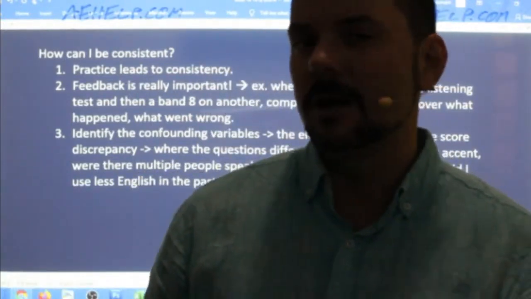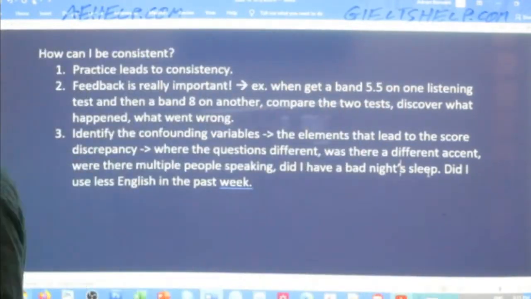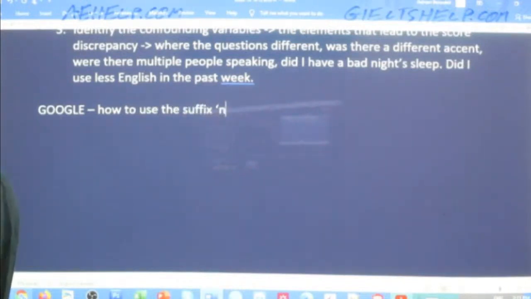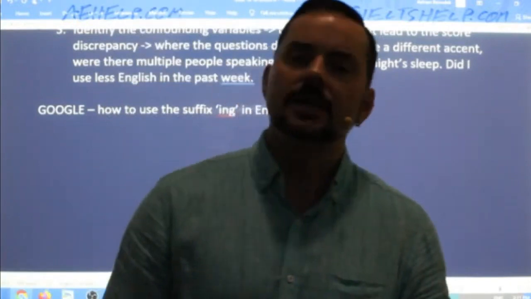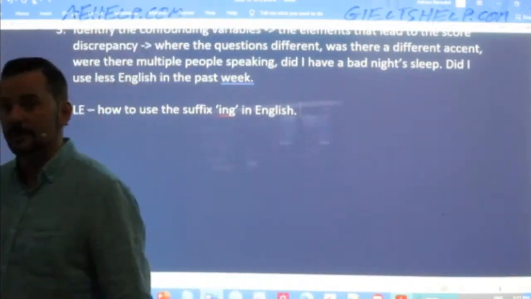I would say Google using the suffix ing in the English language, and I think you're going to get a lot of great explanations instead of me trying to go off on that. I have to give you a more vague response for this one. So Google how to use the suffix ing in English, okay? And of course it's going to walk you through the progressive form, but it will also lead you into some other interesting use of gerunds, infinitives, and so on, okay? It's definitely a part of grammar, Bekjan.